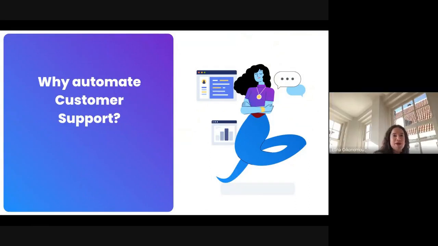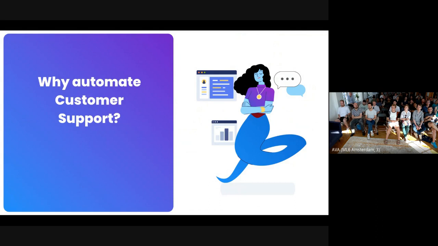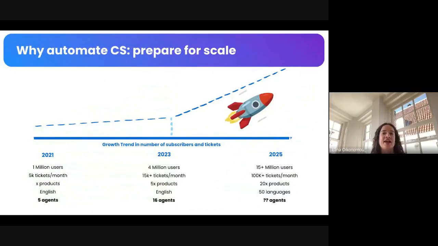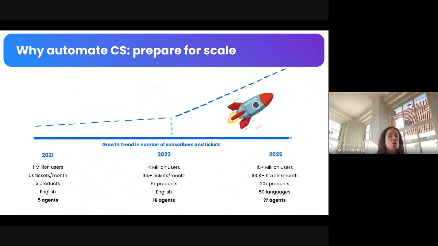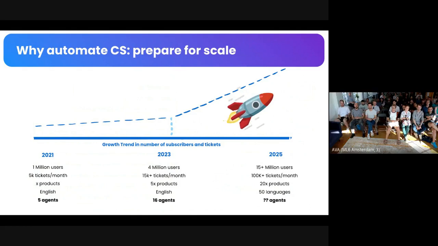Okay, now let's talk about customer support, which is more my domain today. So why was there a need to automate? There we see one challenge, and it's about scale. We have an internal customer support team in-house, and 2 years ago we started with 5 agents, and we were way smaller, with 1 million users and way fewer products. Now we have grown to 4 million users, and the team has grown about 3 times.